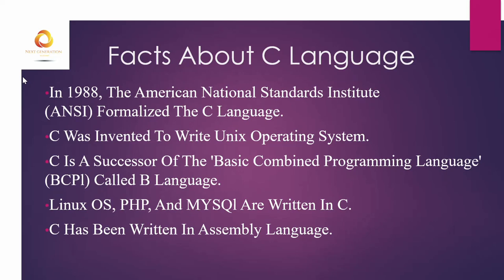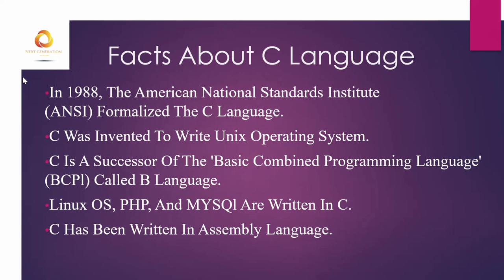So C was invented to write the Unix operating system. You know what Unix operating system is? Another kind of operating system, and it is a non-Windows operating system. I know a lot of people are used to Windows operating system, but Unix is another kind of operating system. We'll be looking at that later in the course.